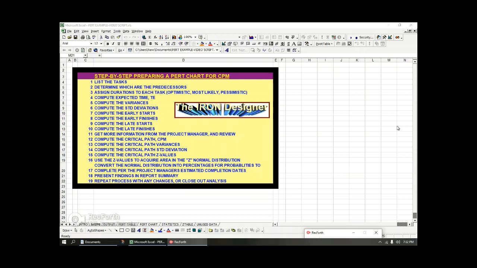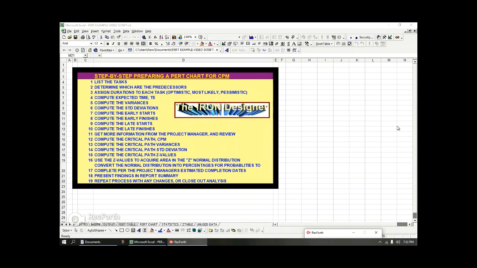And in the PERT chart, they break it down into three major categories. The first is the optimistic duration for the task, then the most likely, and then the pessimistic, which is the worst case duration. The next thing we need to do is compute the expected time.